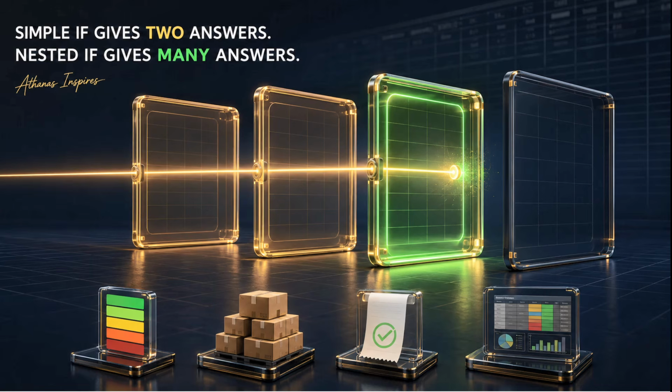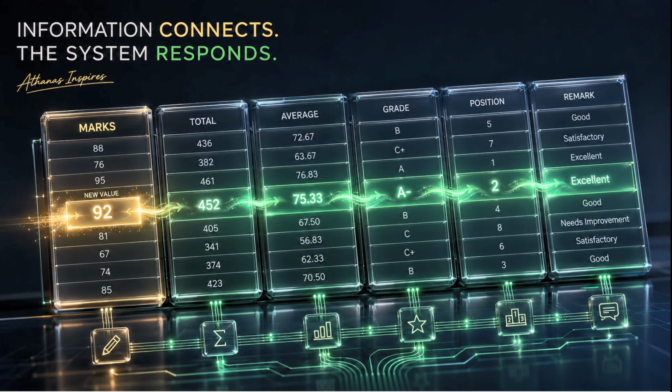You used that thinking to create a grade system, a stock level system, a payment status system, and a complete student grading system. You calculated totals. You calculated averages. You used nested if to produce grades.